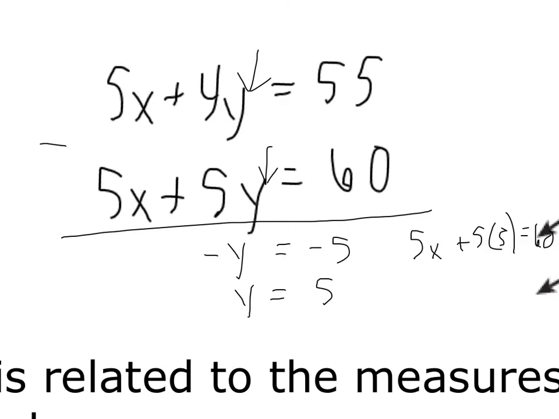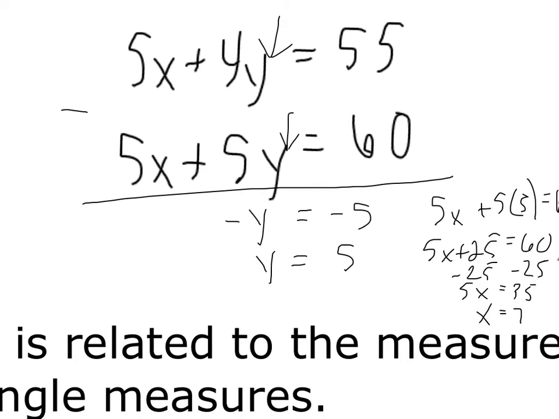And then 5 times 5 is 25, so you have 5x plus 25 equals 60. And then you have to undo addition with subtraction. Subtract 25 on both sides. 5x would equal 35. And if you divide each side by 5, x would end up equaling 7. Okay? So then we would have our final solution of x equals 7.